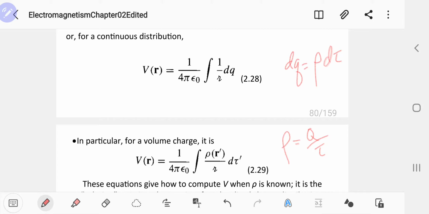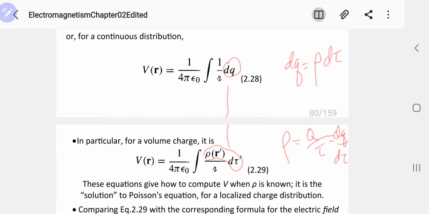But if you have a distribution that is not constant or not regular, in general you can write this as dq over d tau, so that our dq here will be replaced with rho d tau.